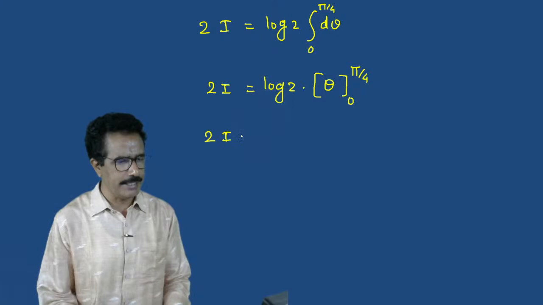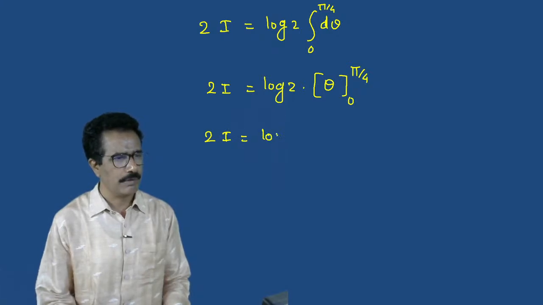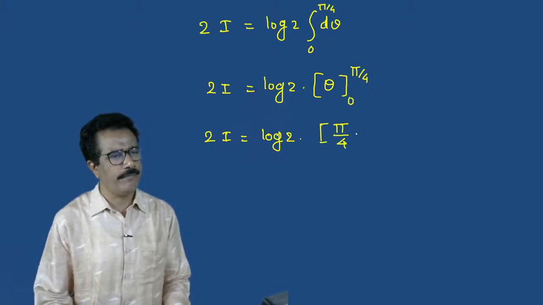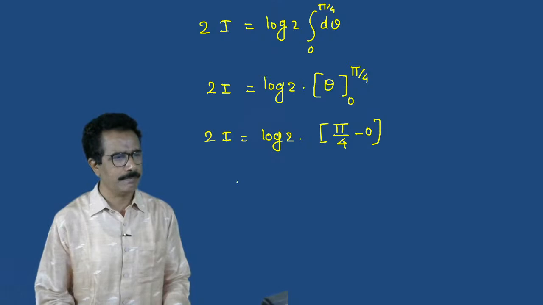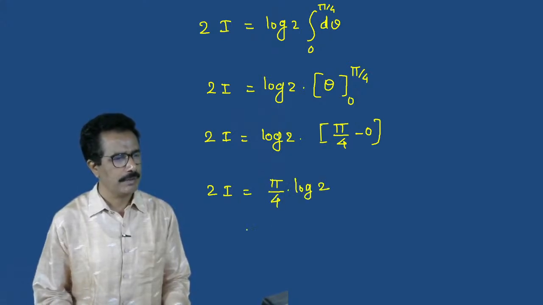So 2I is equal to log 2 into pi by 4 minus 0. So 2I is equal to pi by 4 into log 2. So I is equal to pi by 8 into log 2.